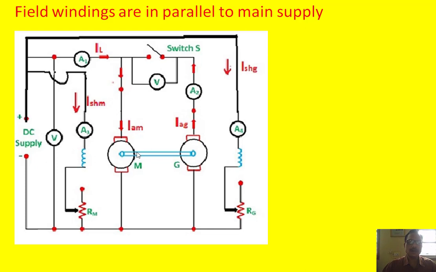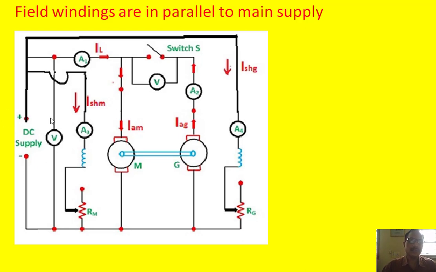The field winding of the motor is here, and that is connected in series with the rheostat like this. This branch is also connected with an ammeter to measure the current that flows into the shunt field winding of the motor, which we call ISHM.